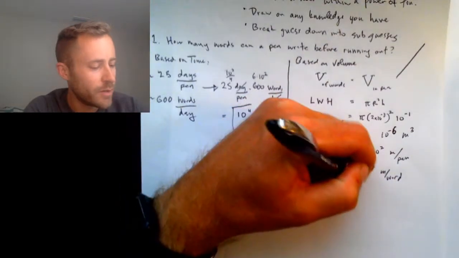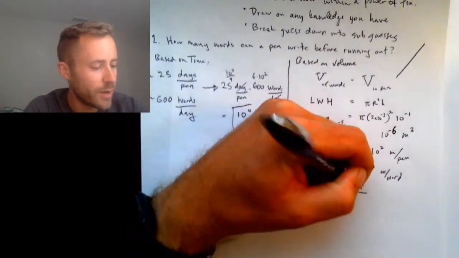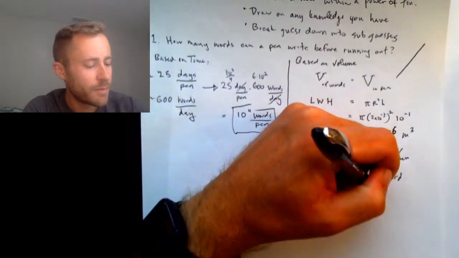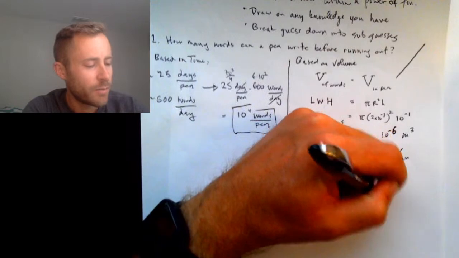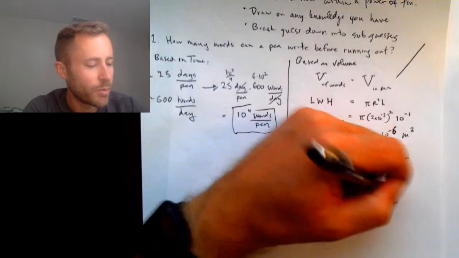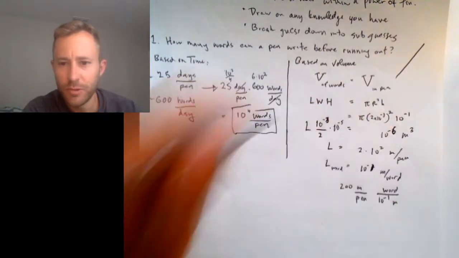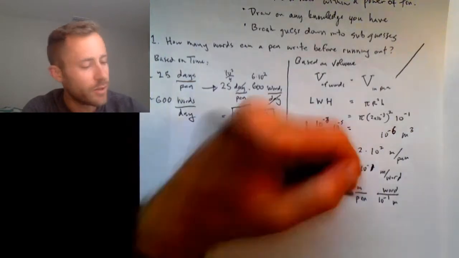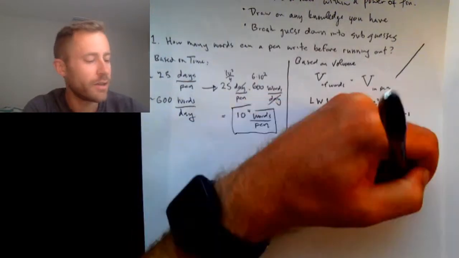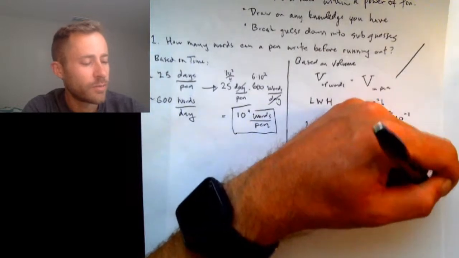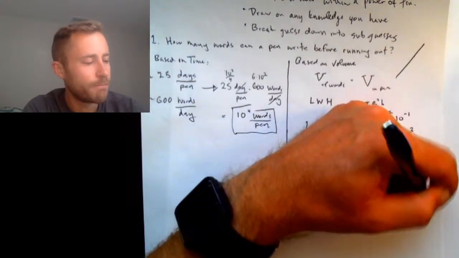Now, if I take these two and I divide them by each other, I have 200 meters per pen, and then I have 10 to the minus 1 meters per word. So I'm using unit analysis here, and I can see that the meters cancel out, and I get 2,000 words per pen.